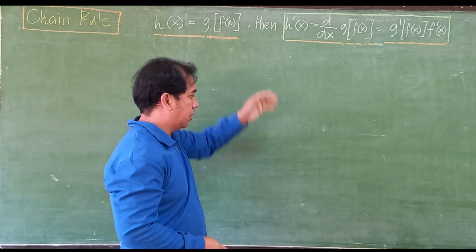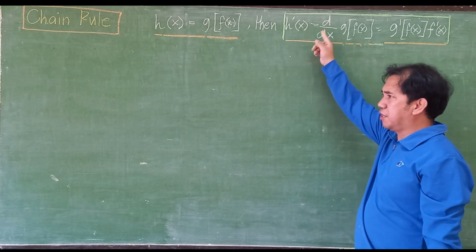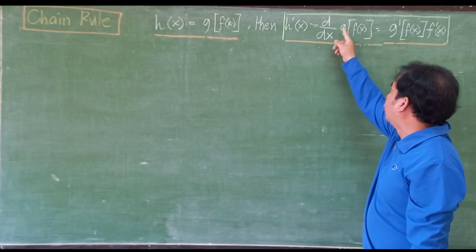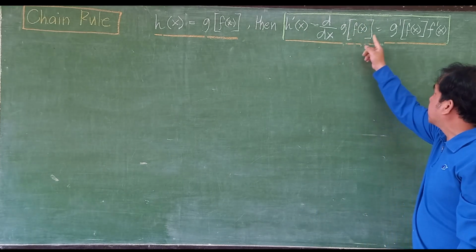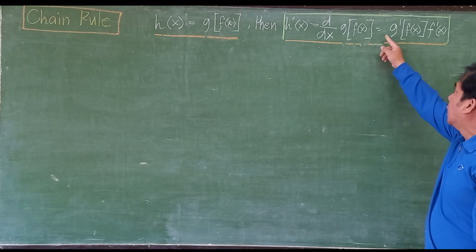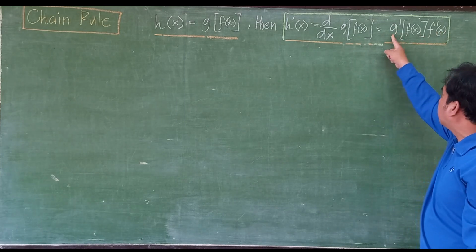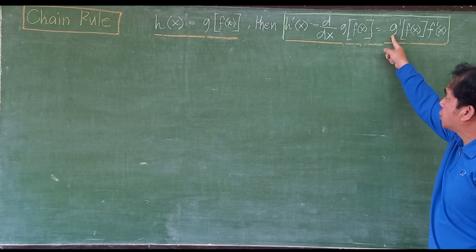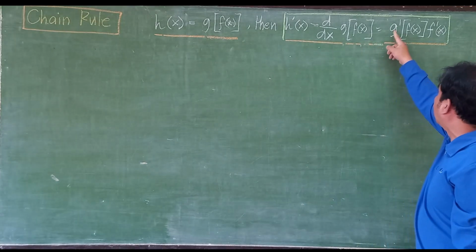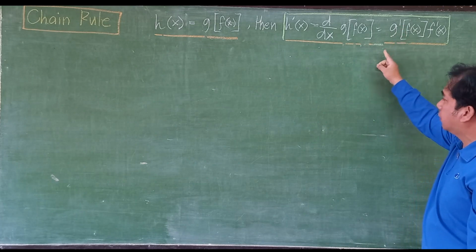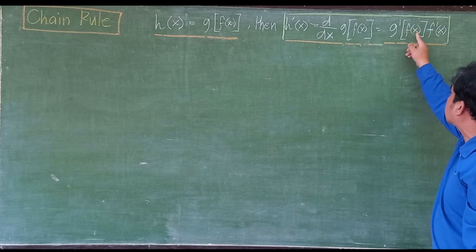Its derivative, h prime of x, is the same as the derivative of g of f of x, which is the product of the derivative of the outer function, g prime of x, multiplied with the inner function, f of x.